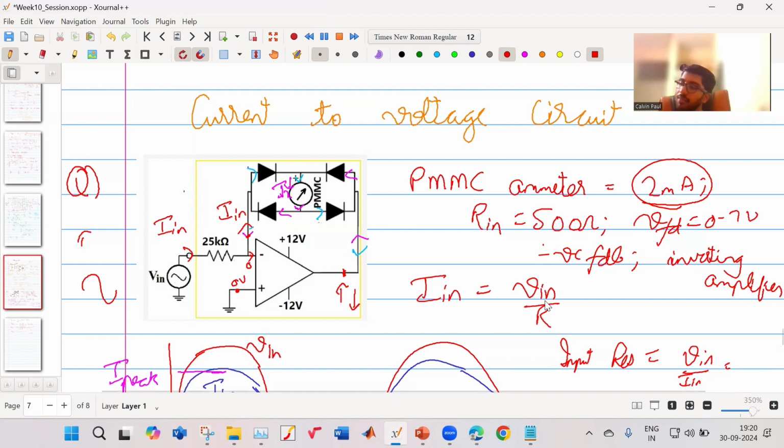It is given here, no? V in by I in is R. So that is R. That is your 25 kilo ohm, right? Yes.